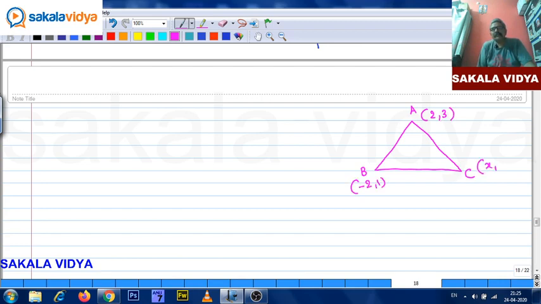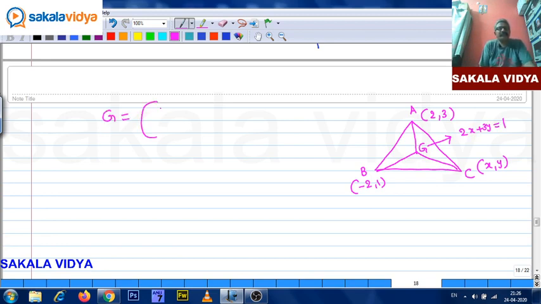The locus of C we need to find, C is (x,y). Centroid means the point of intersection of the medians, say G, we do not know. This moves on the line 2x plus 3y equals 1. First let us find the centroid.